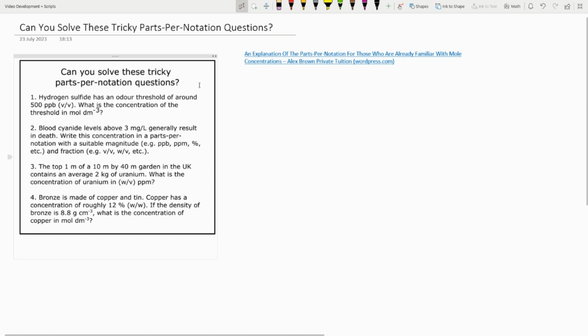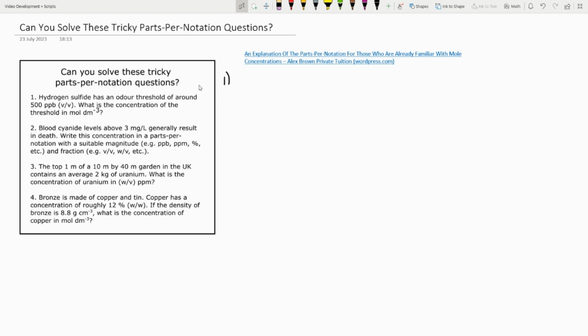Okay, so to start with, what we need to realise for this question is that because hydrogen sulfide is being smelt, it means that hydrogen sulfide must be a gas. Now, 500 parts per billion is not a lot, so this hydrogen sulfide is going to be behaving as a perfect gas.